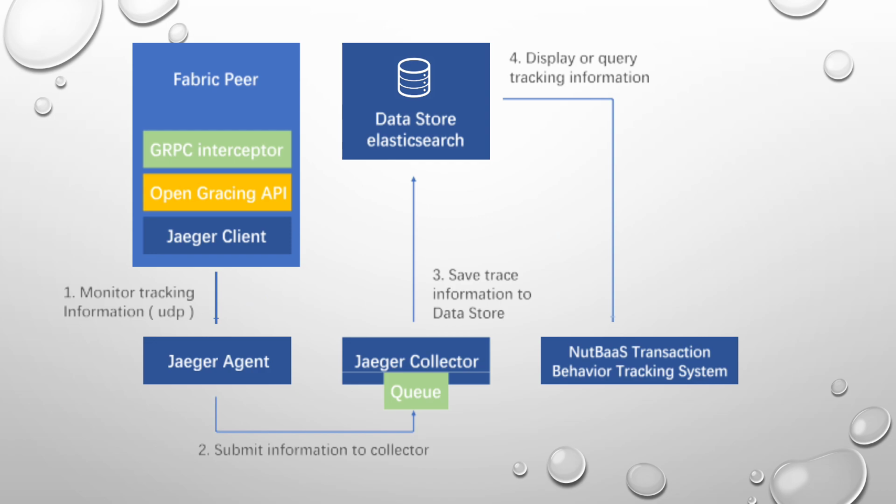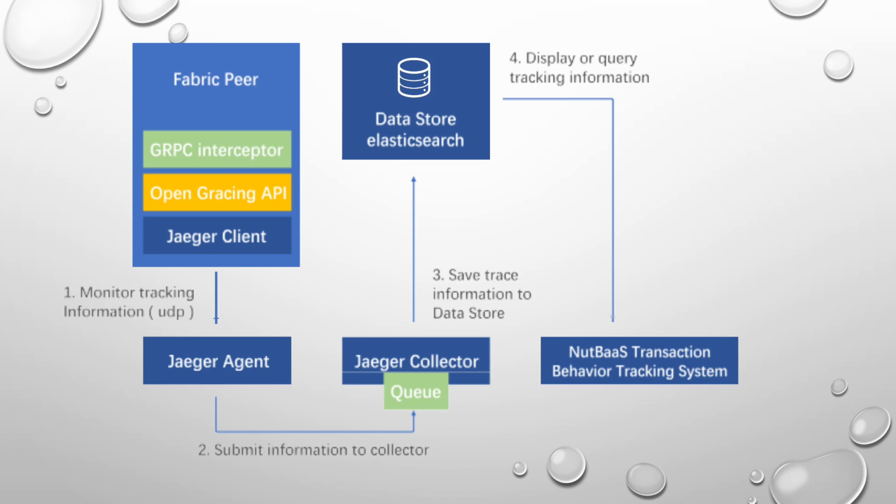There are 4 collecting points for tracking information from generation to entry into the NetBAS system that are shown in the figure: Jaeger client, Jaeger agent, Jaeger collector, and finally the data store.